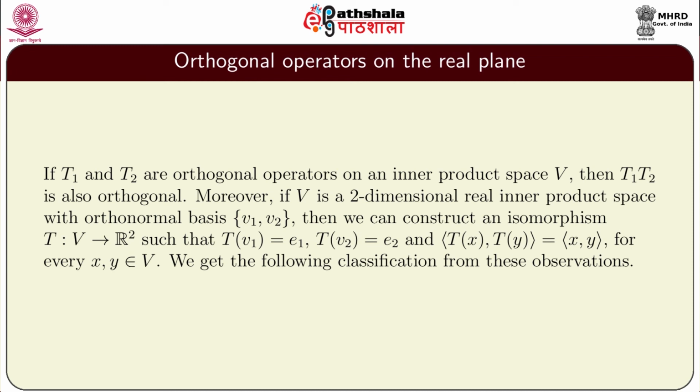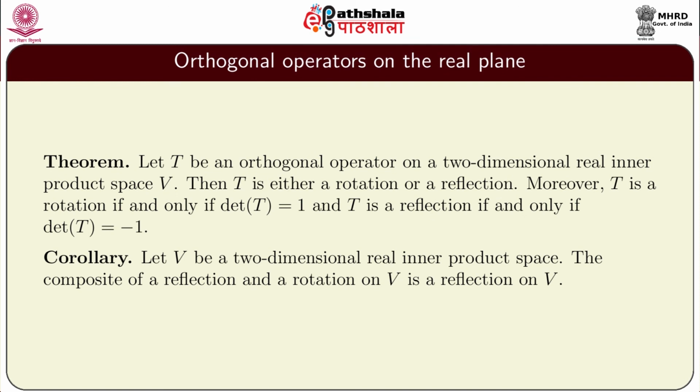We get the following classification from these observations. Theorem: let T be an orthogonal operator on a two-dimensional real inner product space V, then T is either a rotation or a reflection. Moreover, T is a rotation if and only if determinant of T is 1, and T is a reflection if and only if determinant of T is minus 1.